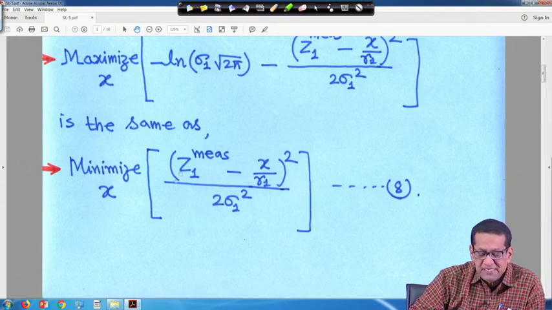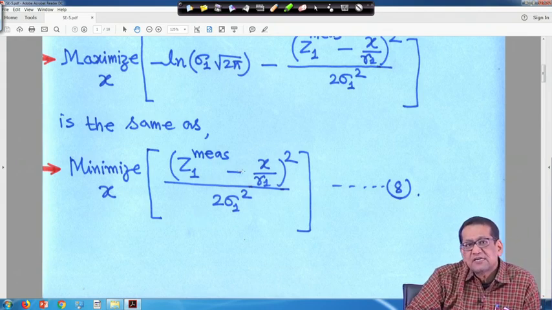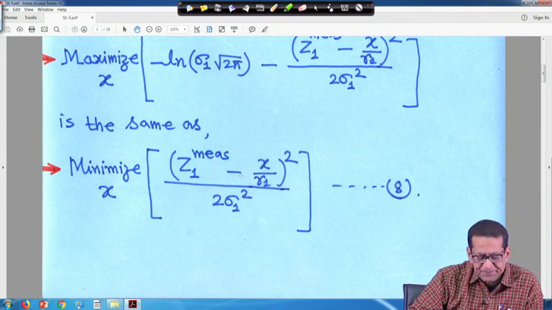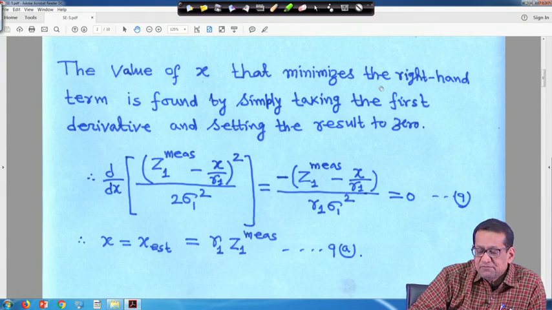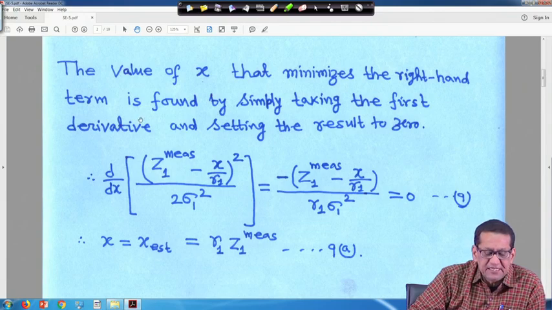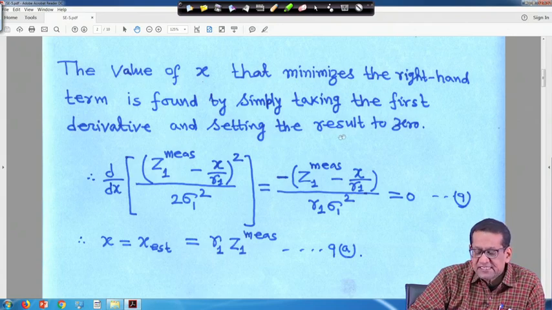So, to minimize over x, you take d/dx of this and set it equal to 0. That means the value of x that minimizes the right hand term is found by simply taking the first derivative and setting the result to 0.